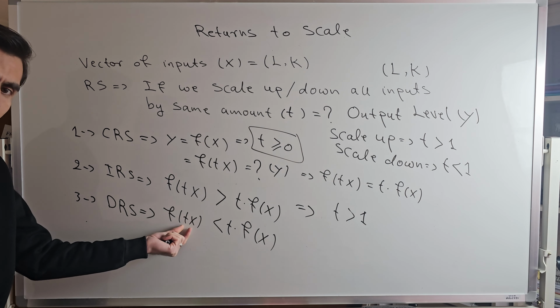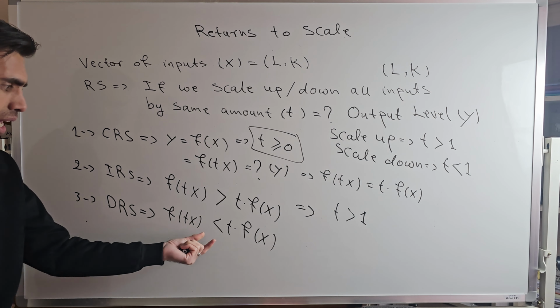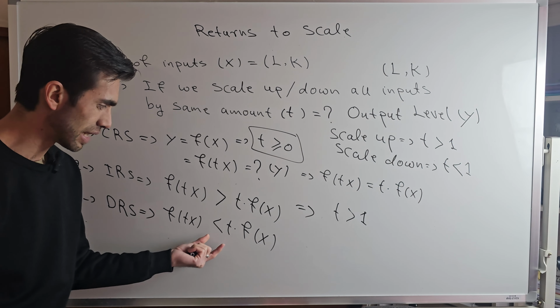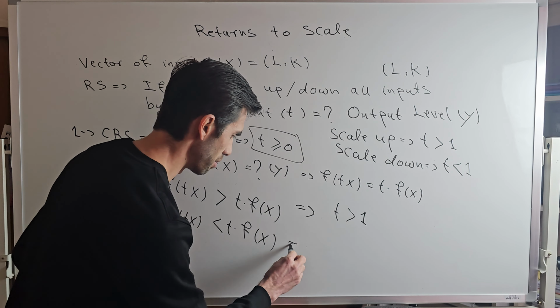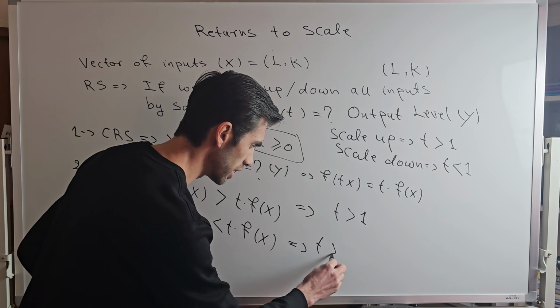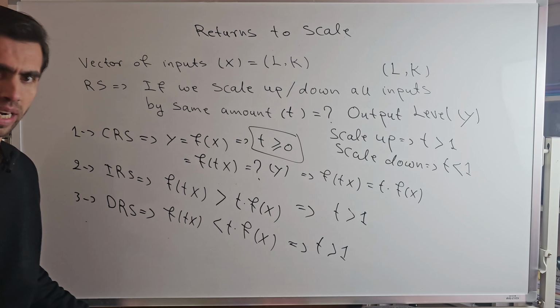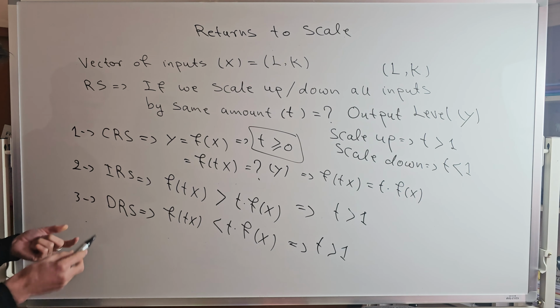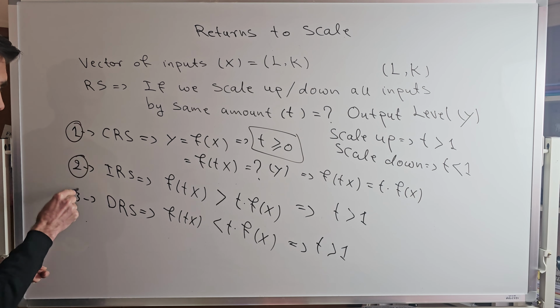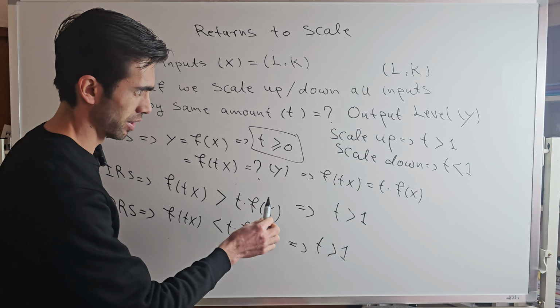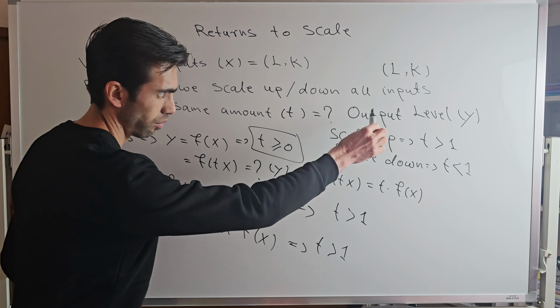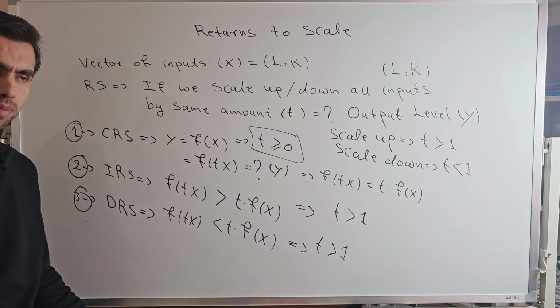If we double our input level, the output will increase but by less than double, for all t greater than 1. So there are three outcomes we can have by scaling up or down on our output level.